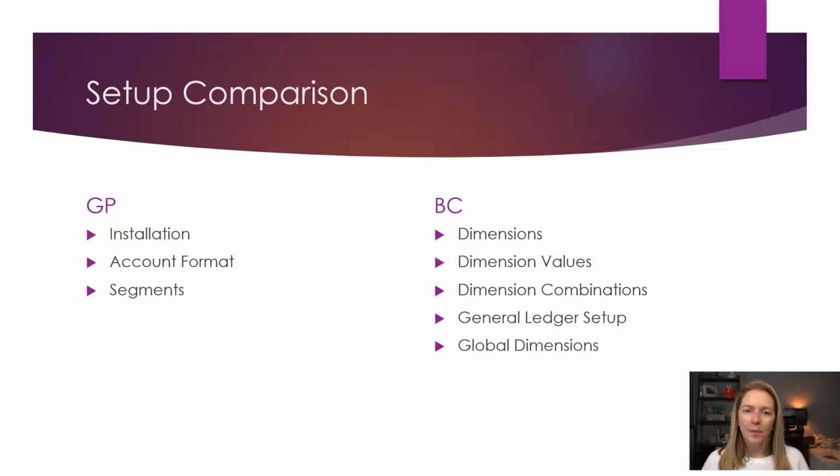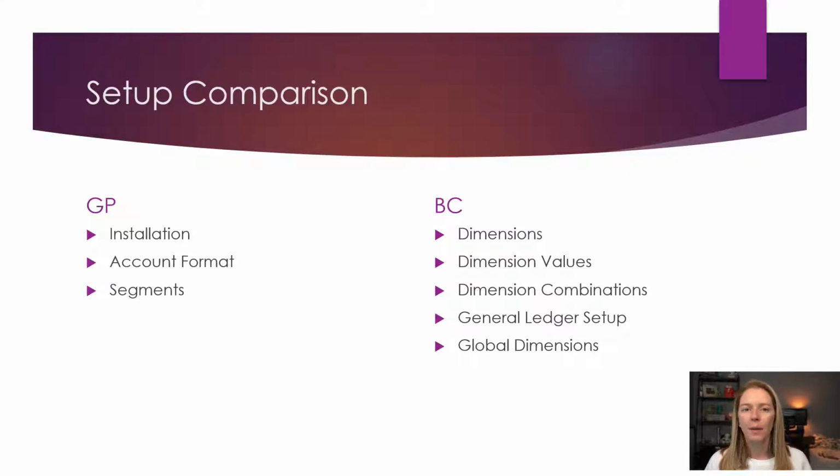Segments in GP, if I have a 3-segment chart of accounts, I would have maybe my division and my natural and a department. So those are 3 segments that you would have to have. When you create a new account, you don't have to fill out all the segments, but most people do, because if you don't, the sorting and everything can be really off.